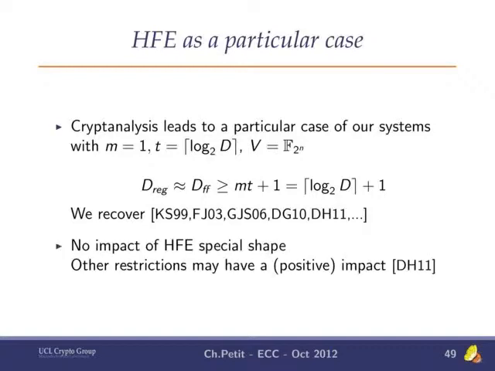It seems that the special shape, like HFE polynomials becoming quadratic when you apply the Weil descent, doesn't have too much influence. Well, it can have a positive impact, as shown in the paper by Dubois and Ding and Hodges in Crypto last year.